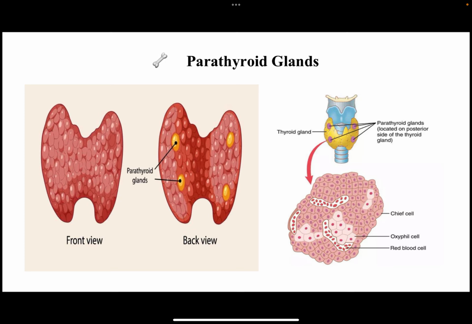So what you have to note is that this hormone produced by the parathyroid gland acts on bones, acts on the kidneys, and can also act on intestines, whereby it causes calcium absorption. Do you get it? Good. So basically, that is it for the parathyroid gland and the parathyroid hormone.